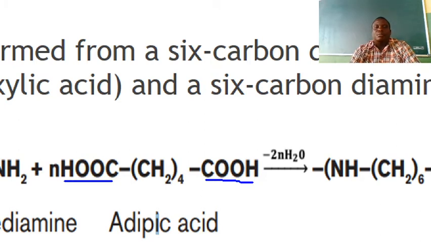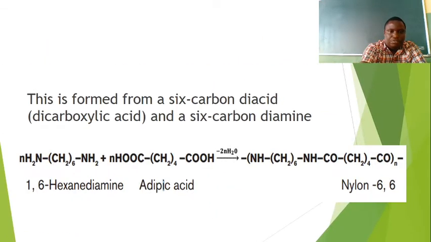The reason why we have said 6-carbon diamine and diacid is that the acid means there are two acid functions here. This reaction will happen in the presence of heat, I have told you, and this is also the form of nylon 6. You see there is benzene here and the chain of carbon that was on the adipic acid, and also the amine groups are there. You will see that there is something that will be left behind.